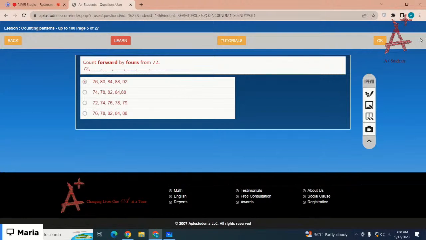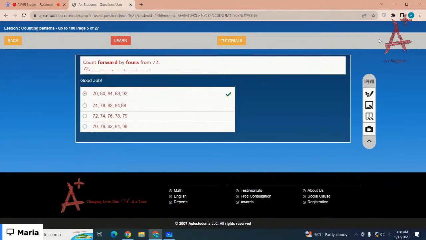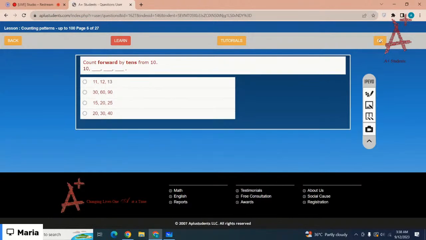Again, that's option number 1. Count forward by tens from 10.